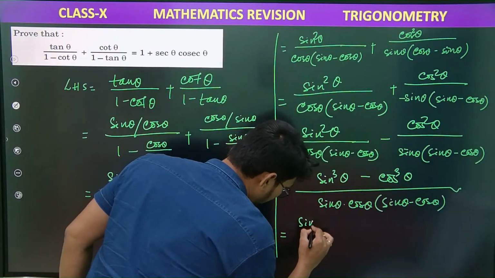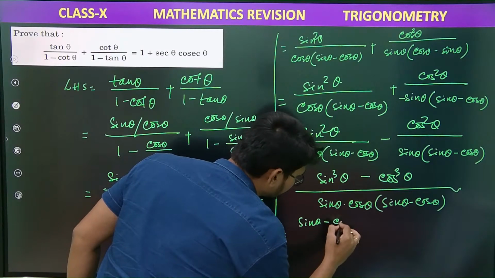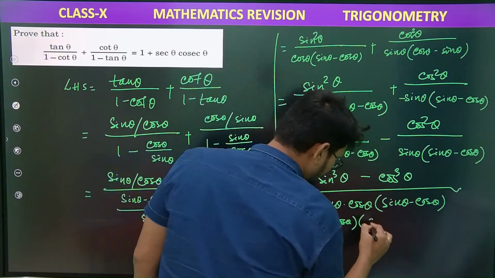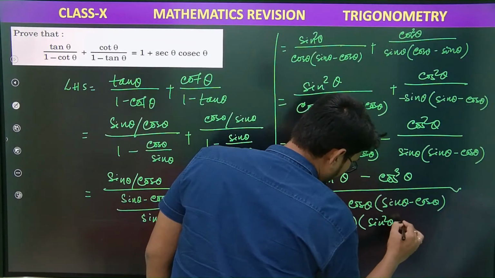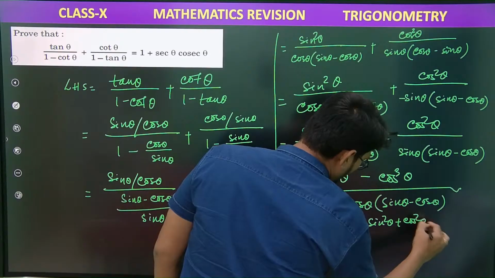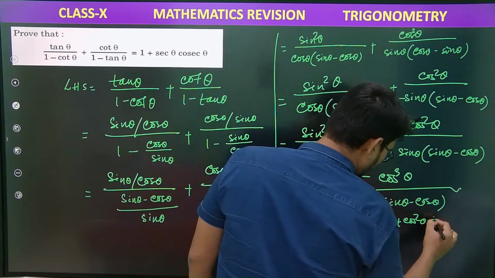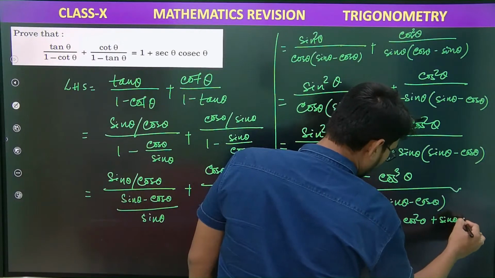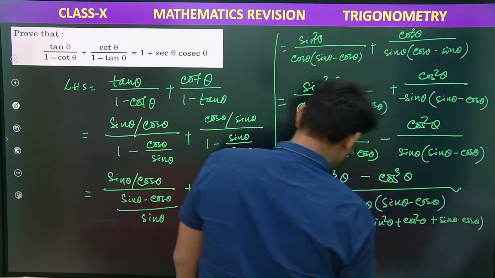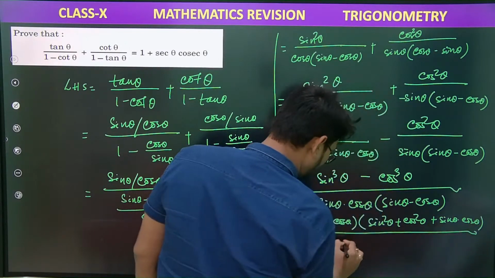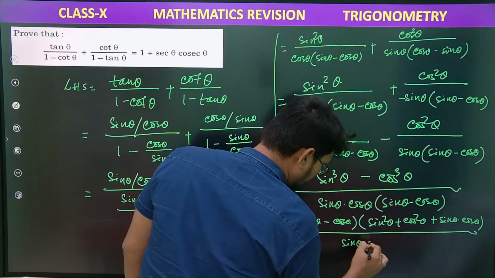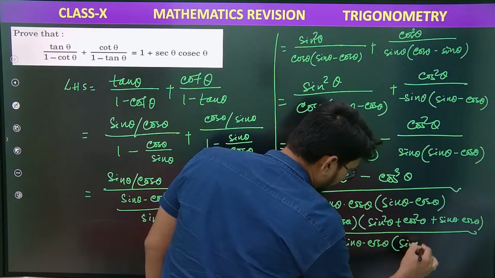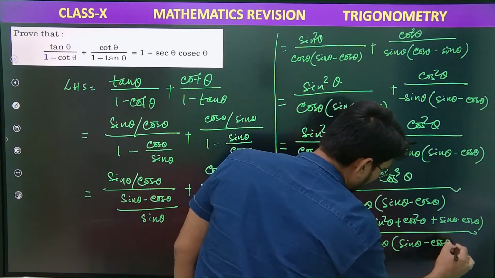A minus b into a square, sin square theta plus cos square theta, plus ab, that is sin theta into cos theta, whole divided by sin theta into cos theta whole multiplied by sin theta minus cos theta.